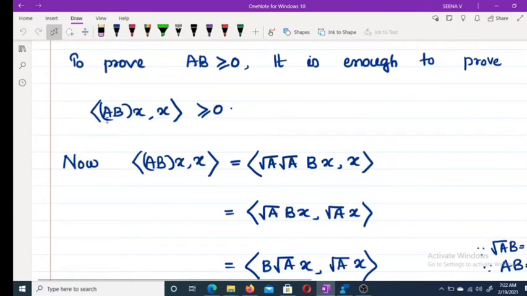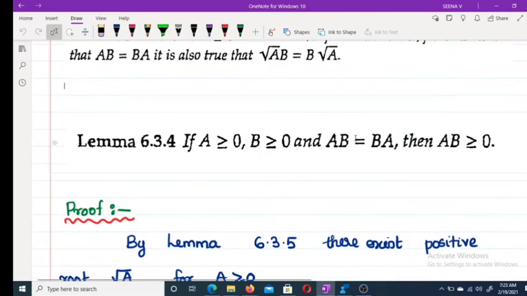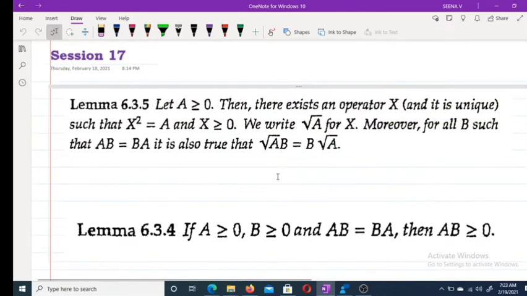Now what do we have to prove? To prove this we start with inner product ABx, x. A you can write as root a times root a, and all these are self-adjoint operators, so we can write this as inner product of root a B x, root a x. Again, we have the result that ab equal to ba implies root a b equal to b root a.